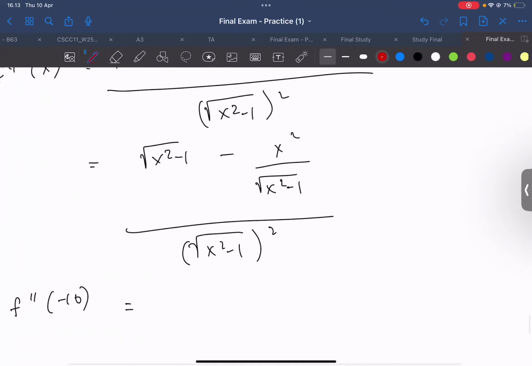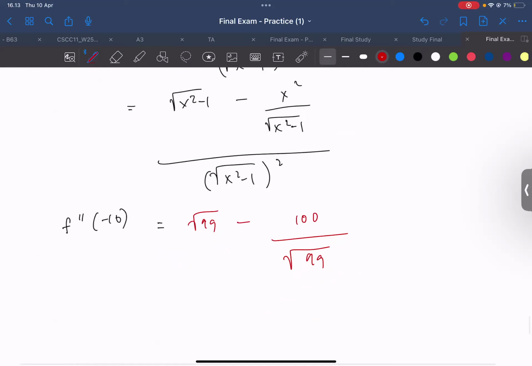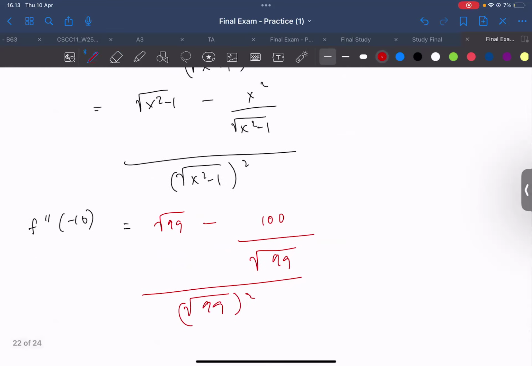You don't really need to calculate it. This will be square root of 99 minus 100 over square root of 99 again, divided by square root of 99 squared. It doesn't matter what the value is, what matters is the sign.